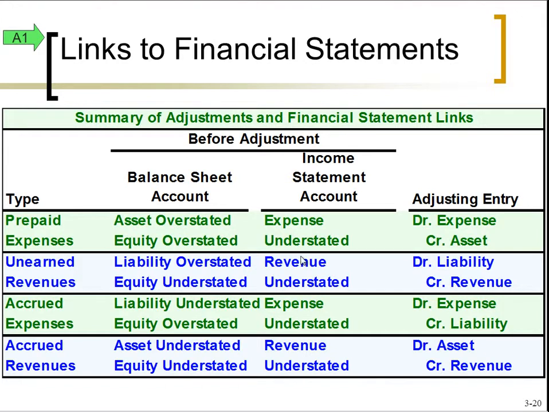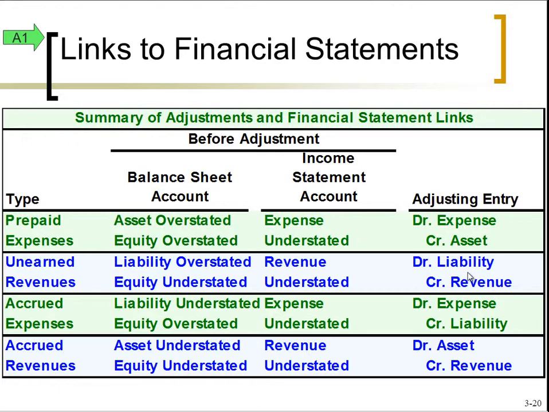We know that expense reduces equity. It has an inverse effect. So if the expense is understated, that means our net income was overstated because we had too little of an expense. So our net income was overstated and our retained earnings was overstated, which means that our overall equity is going to be overstated.